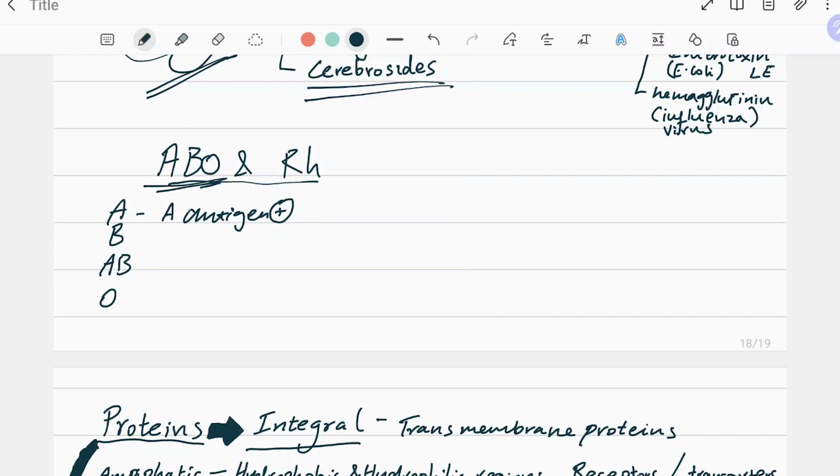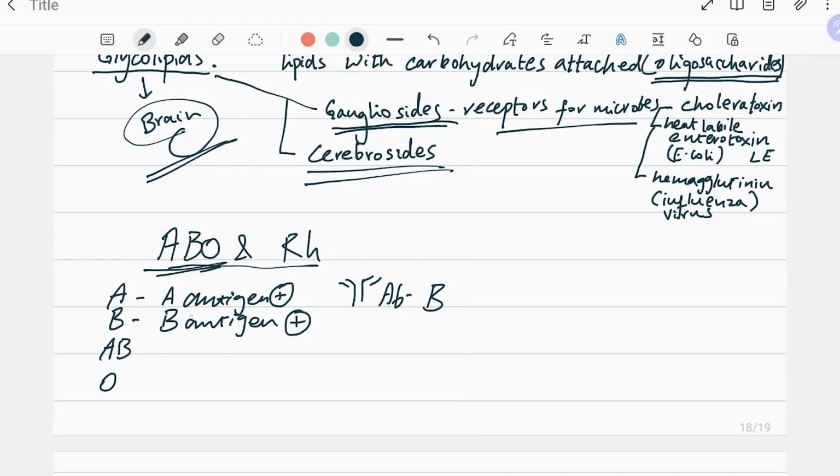But you don't have any B antigens, so you have antibodies. I'm drawing it like this in this shape. Antibodies against B, because that's what you don't have your DNA coding and putting on your red cells. And for the B blood group, you have the B antigen present on the cell membrane. These antigens are present on the cell membrane, and the antibodies are present in the plasma.